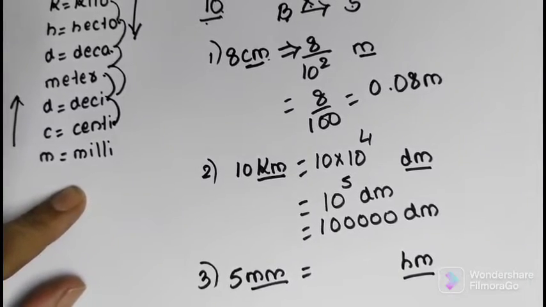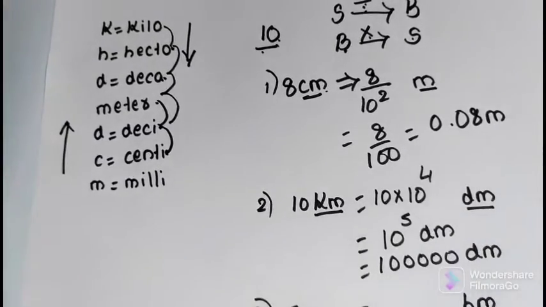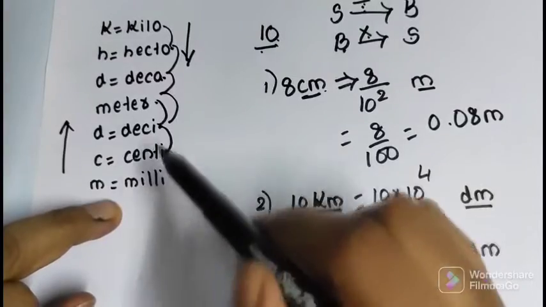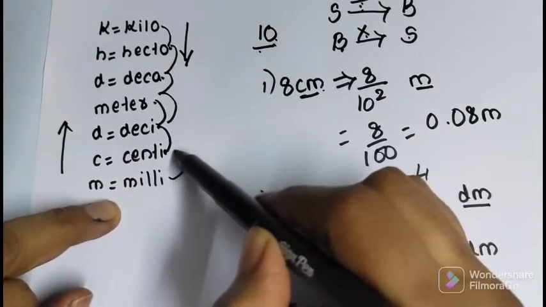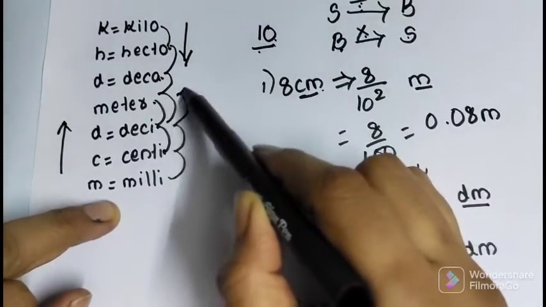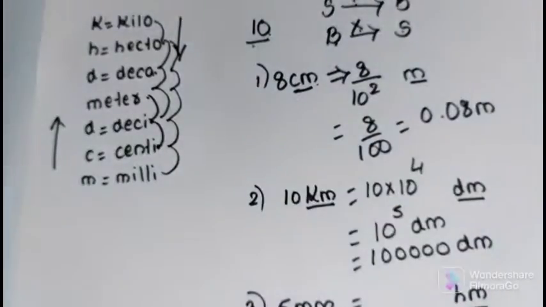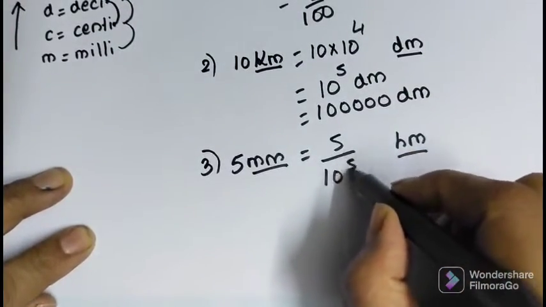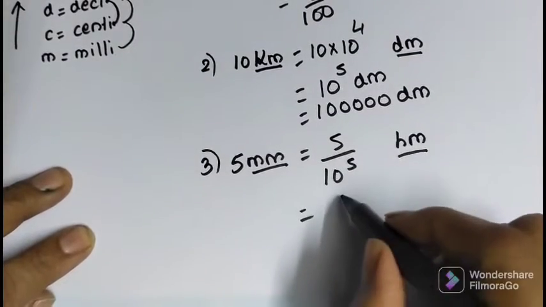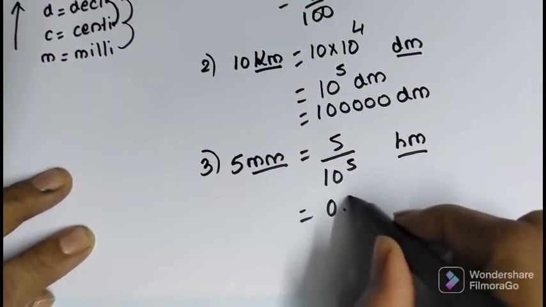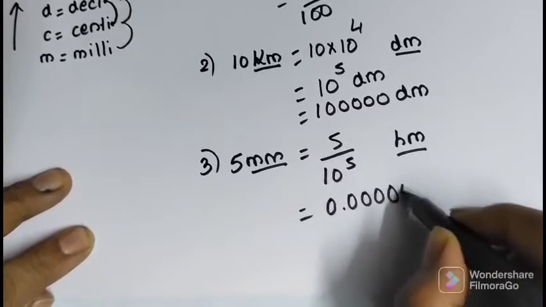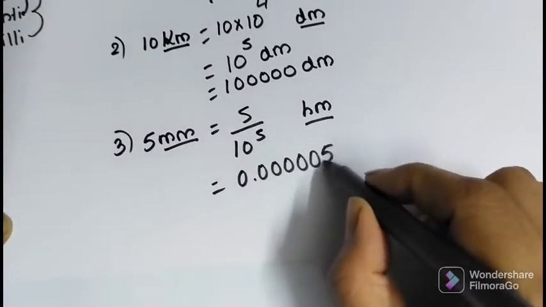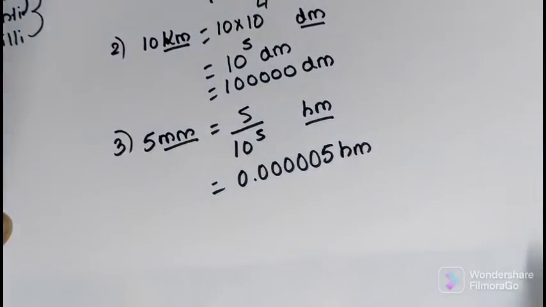We'll have to divide, right? Divide by how many times? Milli is here, so from milli to here, 1 time, 2 times, 3 times, 4 times, 5 times. So divide the 5 by 10 raised to the power 5, which is nothing but 5 zeros and 5 hectometer, isn't it?